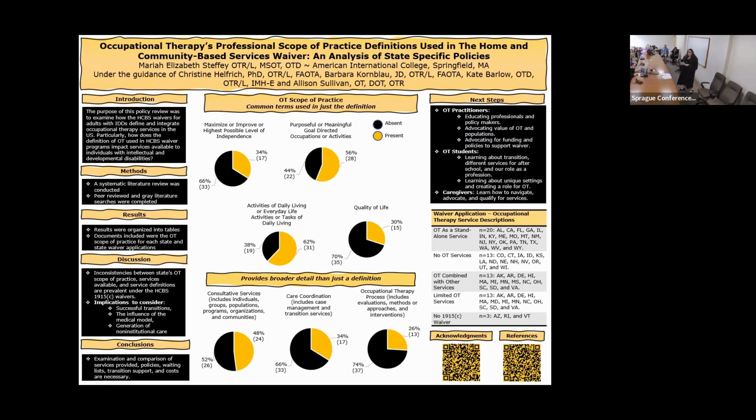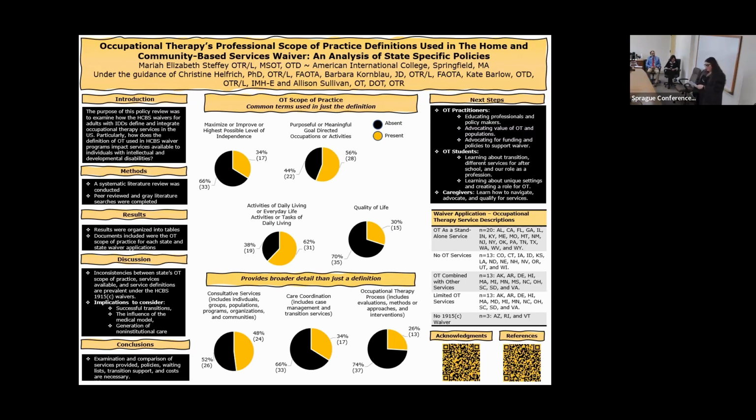Okay. So the second document that I examined was the waiver application for every state. And the waiver application for every state is consistent across the United States. However, the contents, the descriptions, and the services available vary.